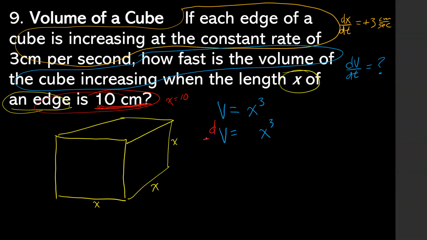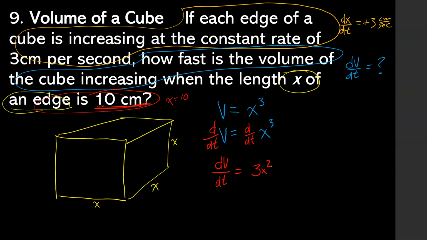We're going to take the derivative of volume with respect to time, the derivative of x cubed with respect to time, which means we're doing this stuff implicitly. So the derivative of volume with respect to time is just 1 dv/dt. The derivative of x cubed is always 3x squared.